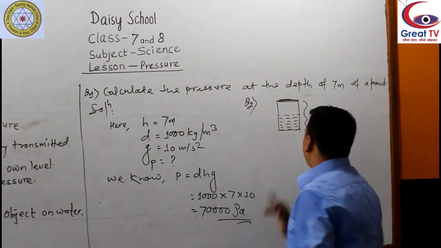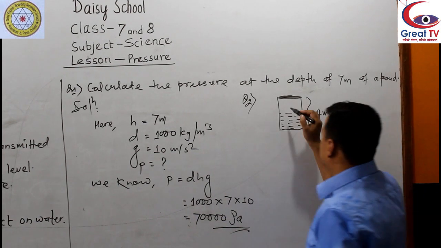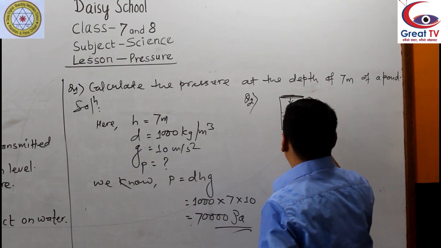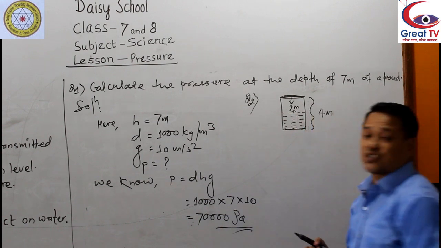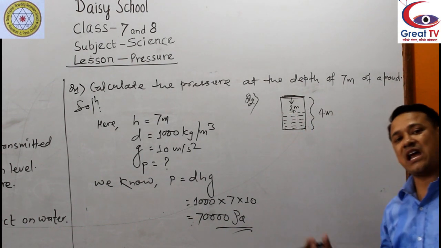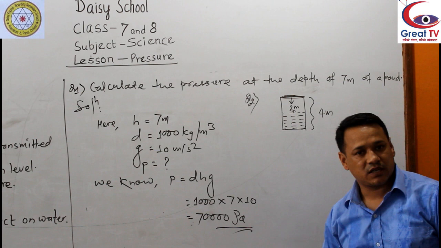Let's say this is 2 meter, half filled. Now calculate the liquid pressure at the bottom of the tank.